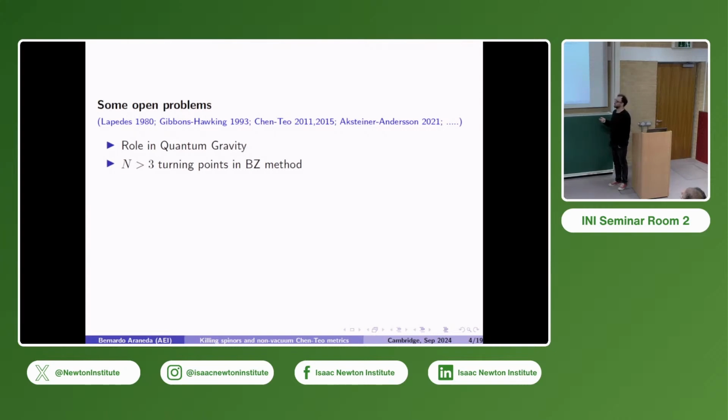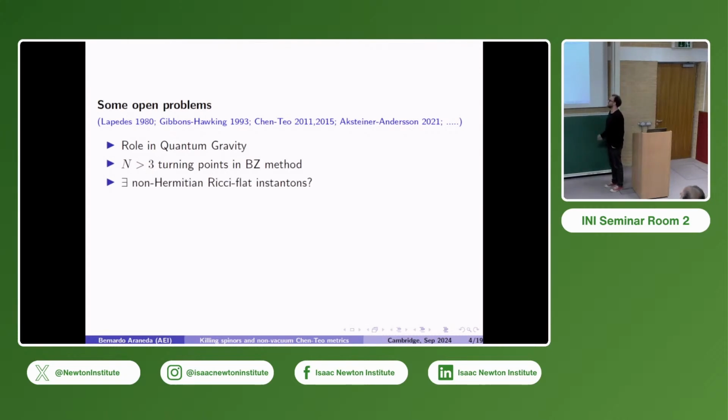As I said, Chen-Teo was constructed with 3 turning points, but the Belinsky-Zakharov method works for any number of turning points, and there could exist completely new undiscovered instantons with this method. This is a really fascinating open problem. I was also talking to James and Max about this.